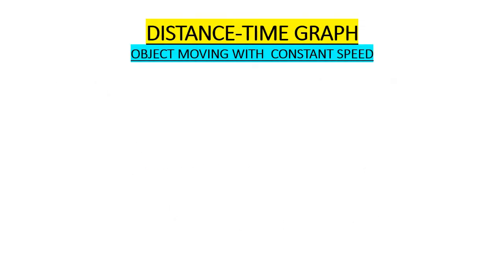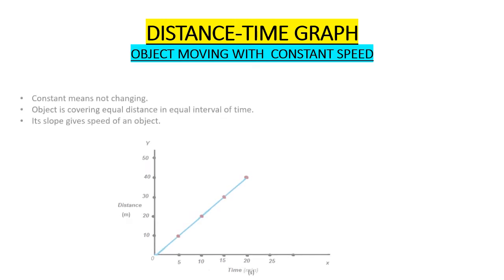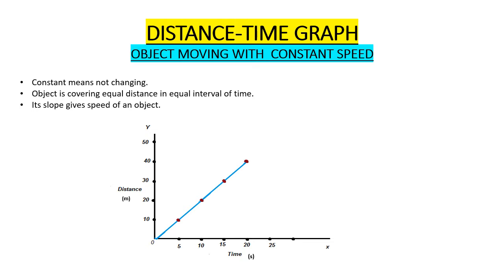The next graph is of the object which is moving with constant speed. Here we have to discuss what is constant. Basically, when something is not changing, it remains unchanged, that thing is called constant.